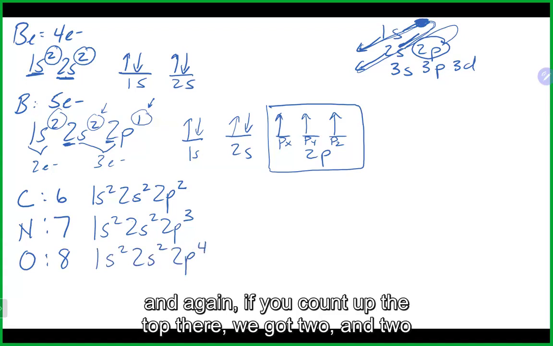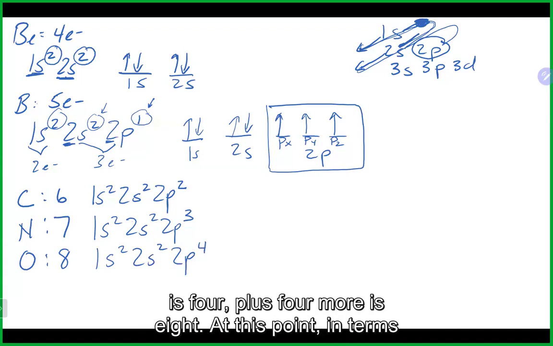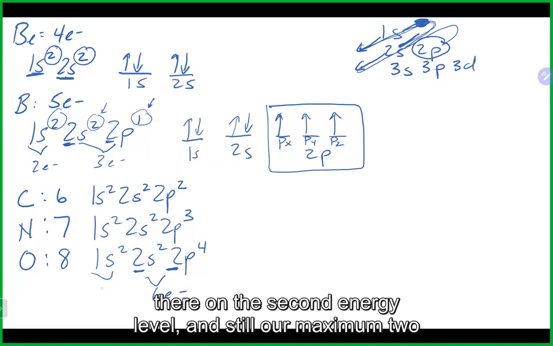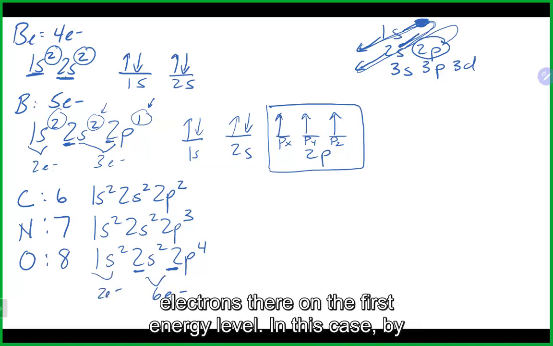And again, if you count up the top there, we got 2 and 2 is 4, plus 4 more is 8. At this point, in terms of the second energy level, we actually have 6 electrons there, and still our maximum 2 electrons on the first energy level in this case.